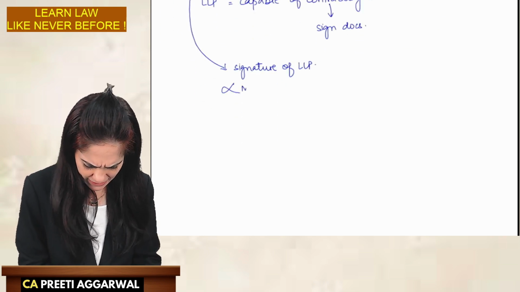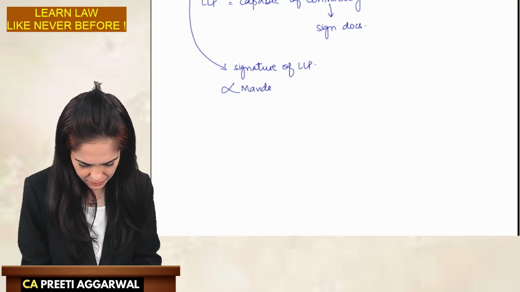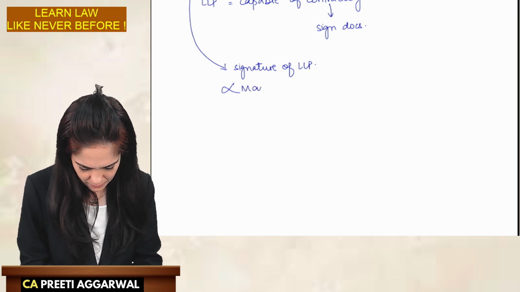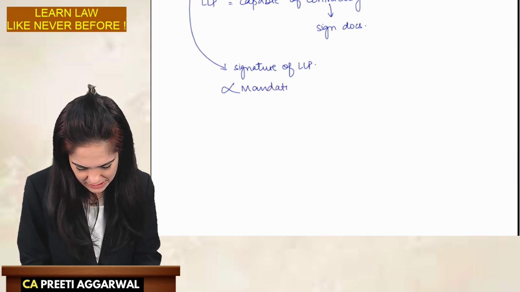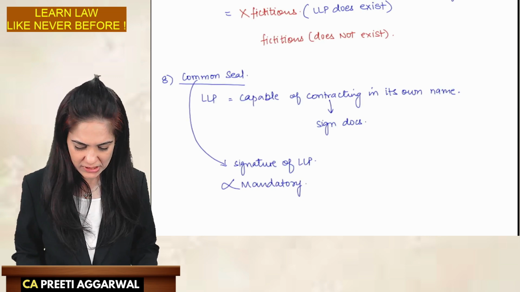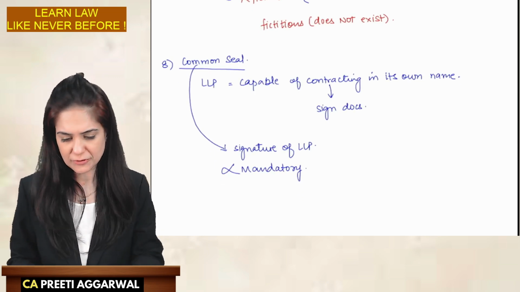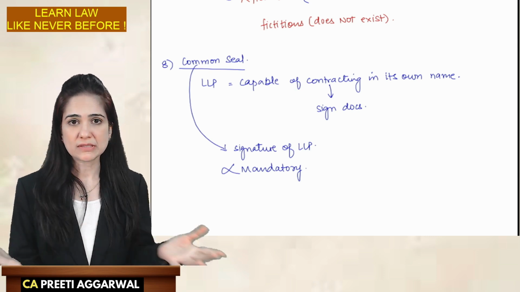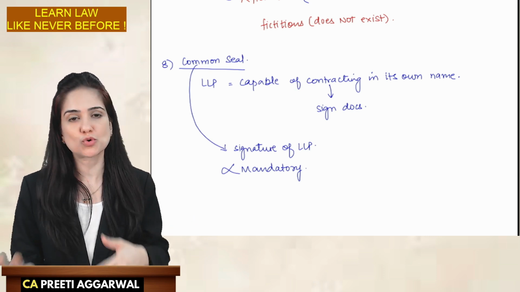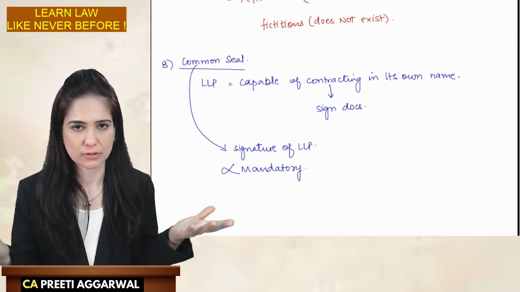But it's not mandatory, okay? There was a time when common seal had relevance. Now, what is the story behind this? Why is it not mandatory? In the earlier medieval times, the kings were mostly illiterate because they were so busy learning how to fight a war.